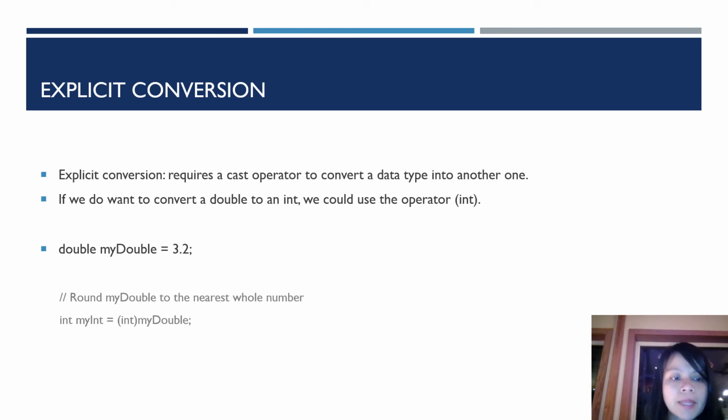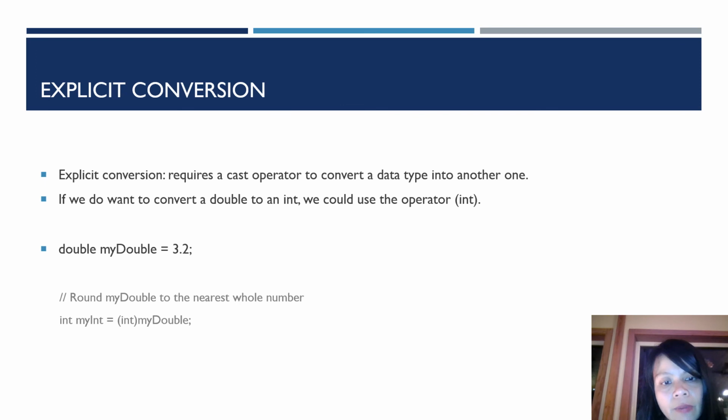Next is explicit conversion. Explicit conversion requires a cast operator to convert a data type into another one. If we want to convert a double into an integer, we can use the operator int. So double myDouble equals 3.2.